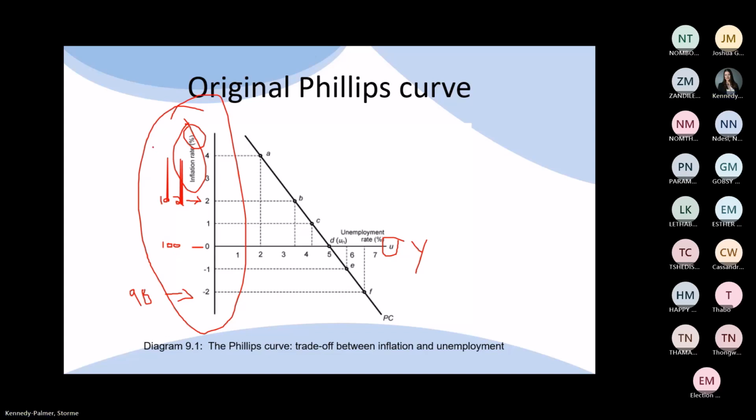My basket of goods going from 100 Rand to 104 Rand doesn't seem that bad for such a large decrease in the unemployment rate. So they went ahead and they tried to do that.